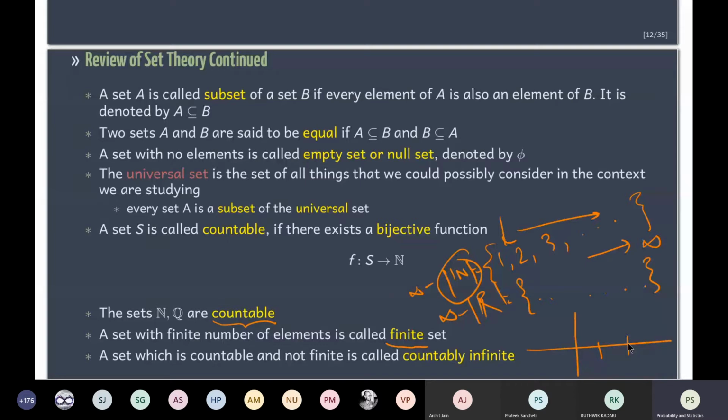There are so many rational numbers between 1 and 2. There are infinitely many rational numbers between two rationals.